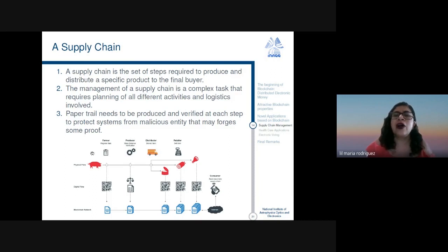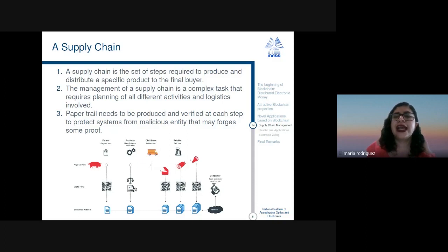So here in the image, we can see that, for example, we can have a farmer that maybe has pigs, and then we can distribute the pork, probably as a steak, from different parts of the pig, and it comes to the retailer, and finally the consumer can know about the origin of the steak that is going to be eaten.